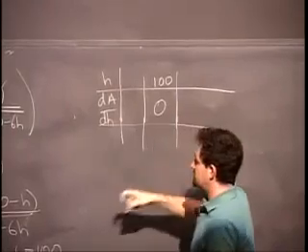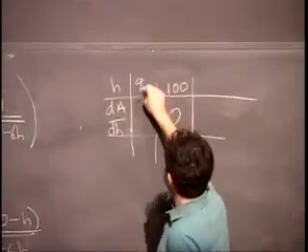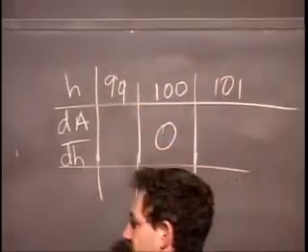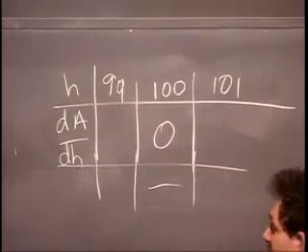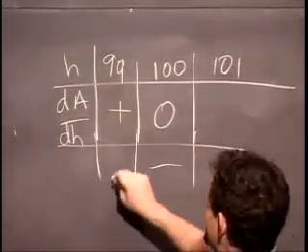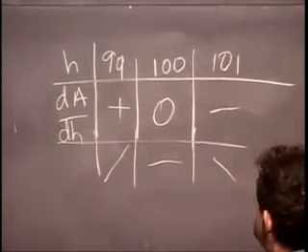Plug in 100, you get 0. So that's flat. What if you put in something a little less than 100, like 99? Well, the top is positive. It happens to be 45, but who cares? It's positive. The bottom's always positive because it's a square root. So up we go. At 101, the top is negative, same as the other problem.